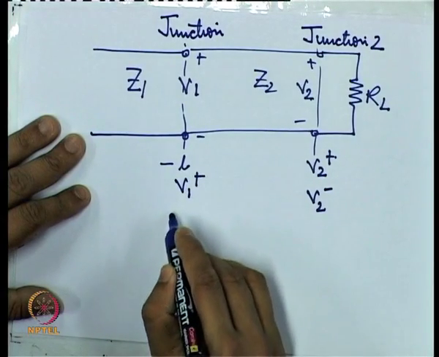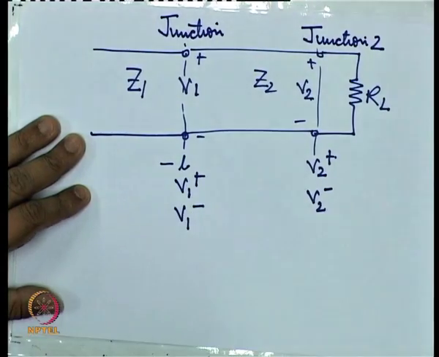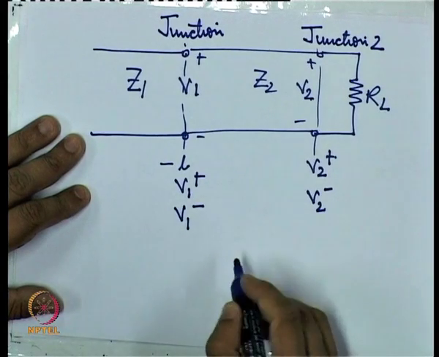V1 plus is the incident wave at junction 1, V1 minus is the reflected wave.